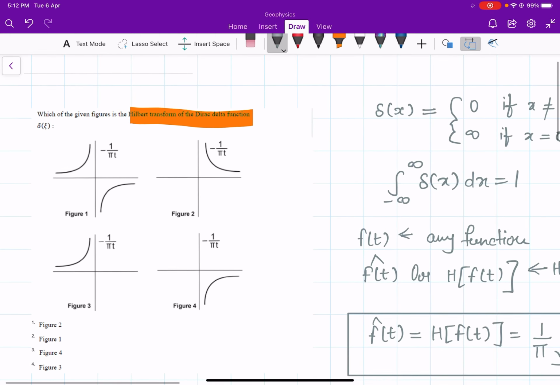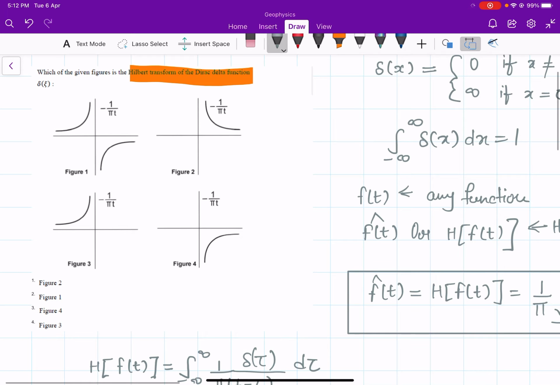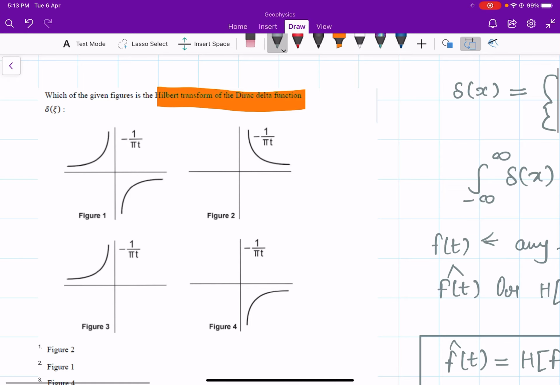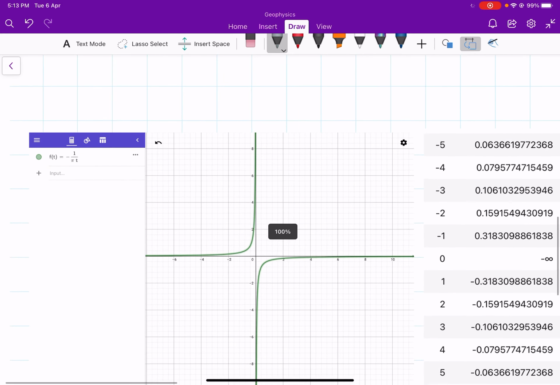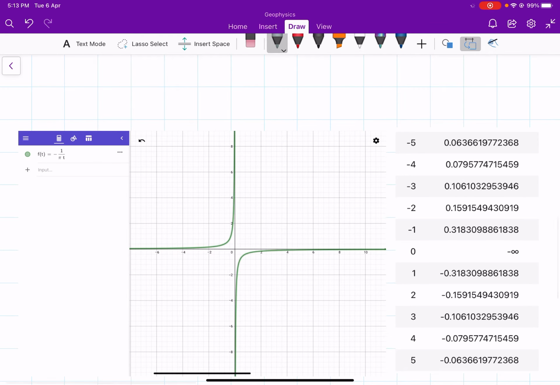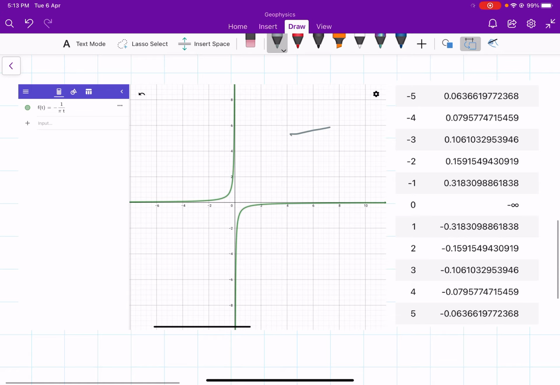But in the question it is given as minus of 1 over pi t. So now we have to find the plot of minus 1 over pi t. If we plot it, we will get this type of curve, where this is the value of t and this is the value of minus 1 over pi t, and the plot will look like this.